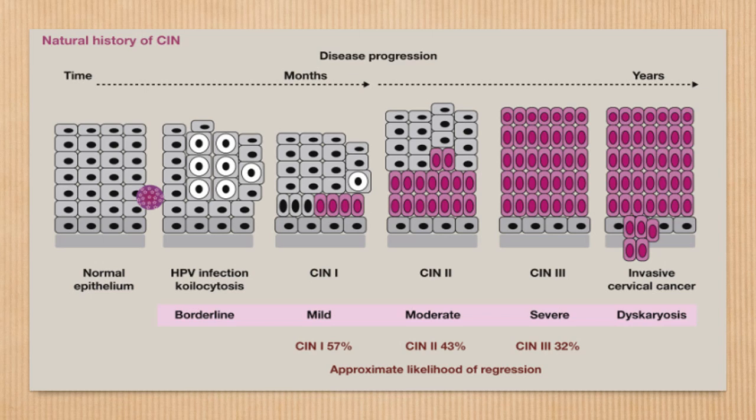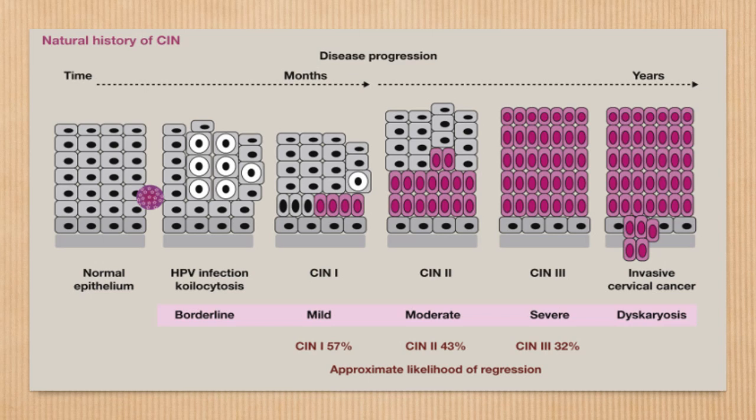Then in CIN1 or mild dyskaryosis, the basal one-third cells are abnormal, with increased nucleocytoplasmic ratio and less cytoplasm. There is regression to normal in 57% of CIN1 cases.